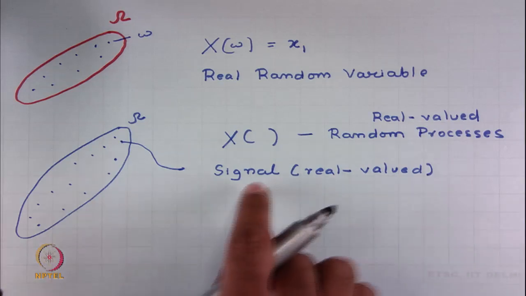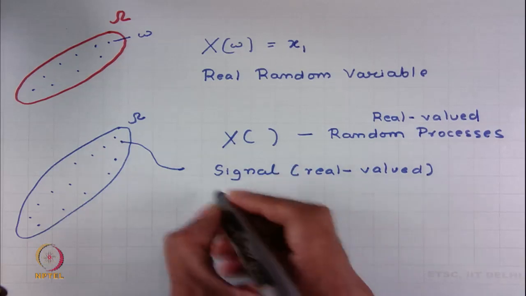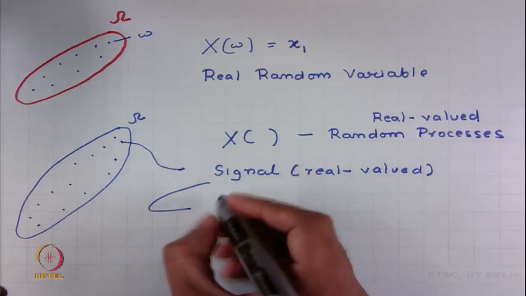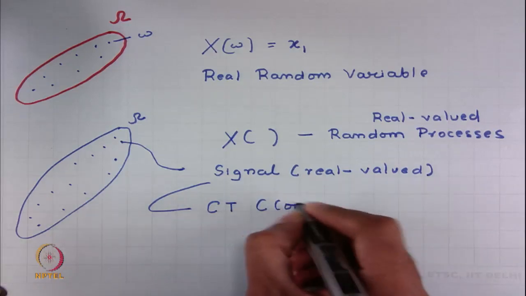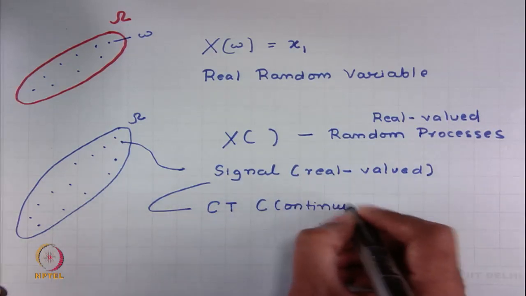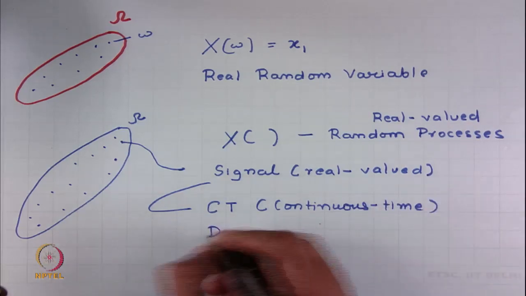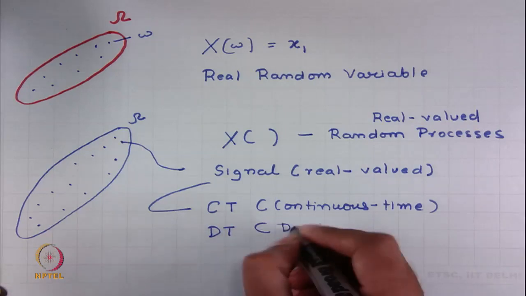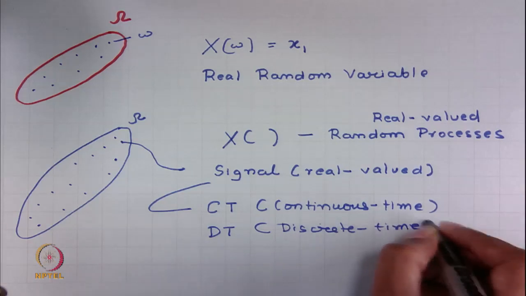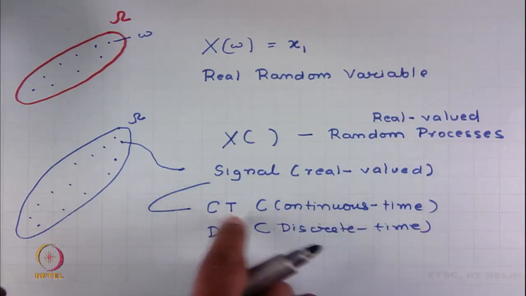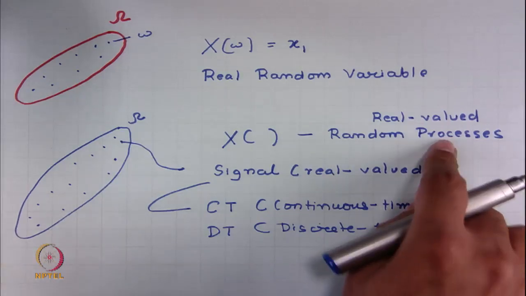Now, if you revise from the basic signals and systems, you can see that signals are of two kinds. You can have continuous time signals, or you can have discrete time signals. If my signal is a continuous time signal, then this random process is known as a CT random process.